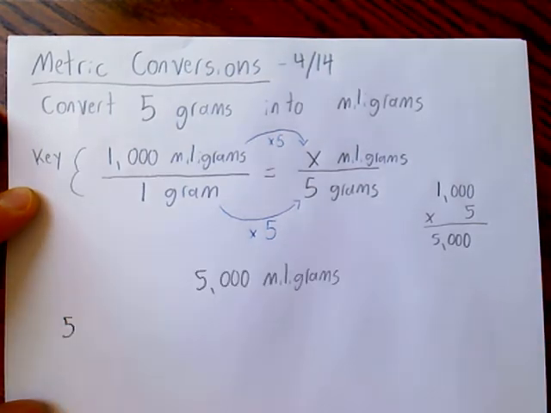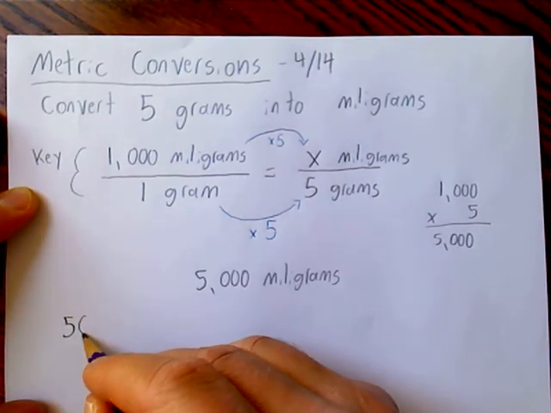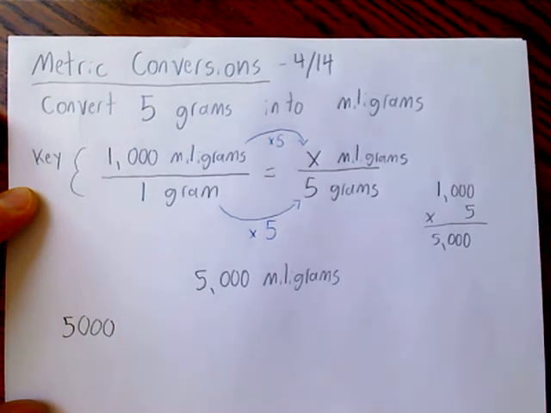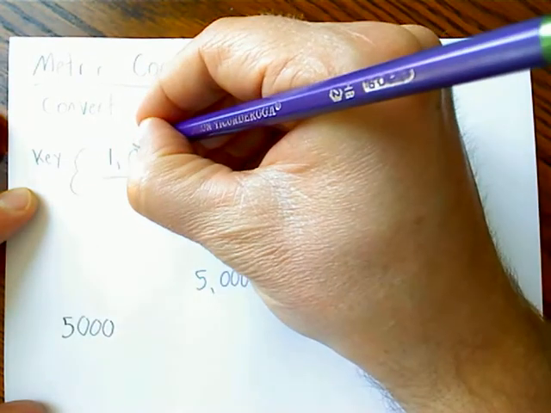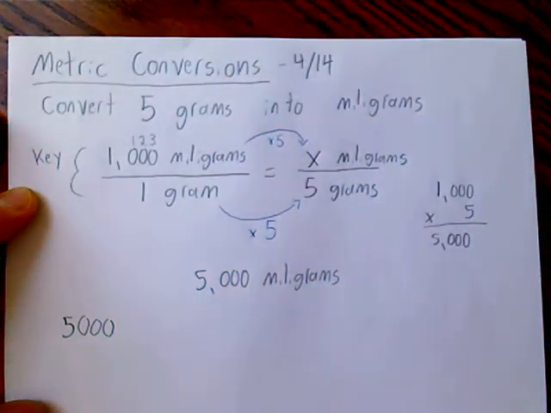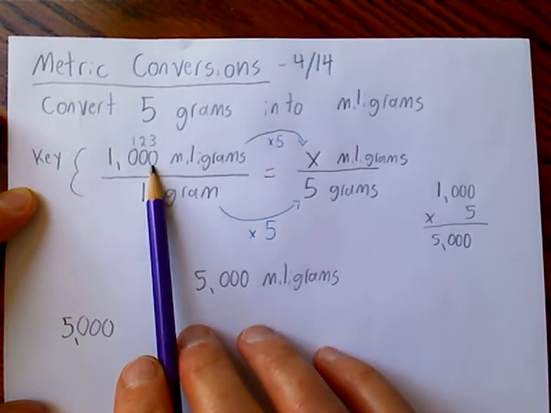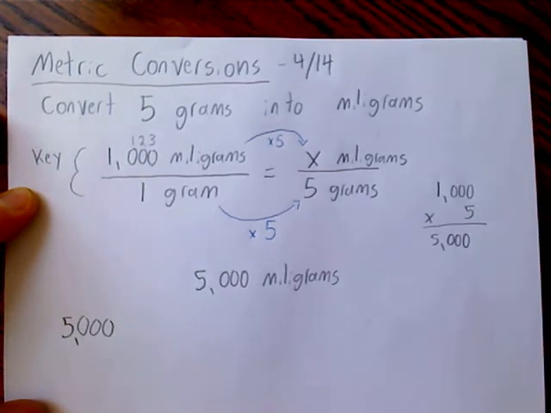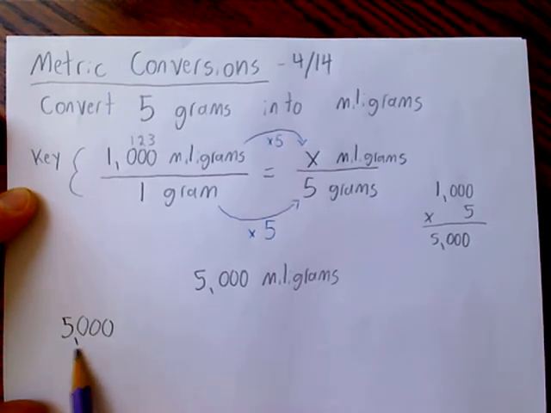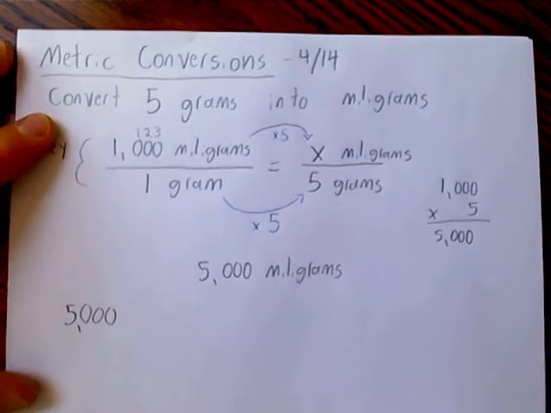Well, I'm going to start with 5, and I'm going to add 1, 2, 3 zeros, because there's 1, 2, 3 zeros in 1,000. So that's a trick I can use when I'm multiplying by a denomination of 10. Just in the same way that 5 times 10 is 50, we're going to use that same trick to get bigger numbers here. So either way, we're going to get to 5,000 milligrams. So that's our first conversion. Let's do one that's a little harder.